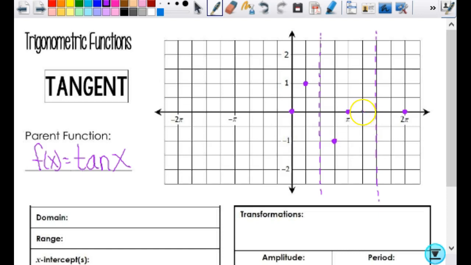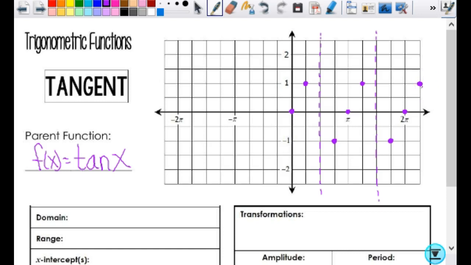What's the tangent of 5 pi fourths? +1. So then this is 6 pi fourths, 7 pi fourths, -1. 8 pi fourths, this would be 9 pi fourths. What's that? 1. Okay. So let's get the first quadrant graphed before we do the rest of it.